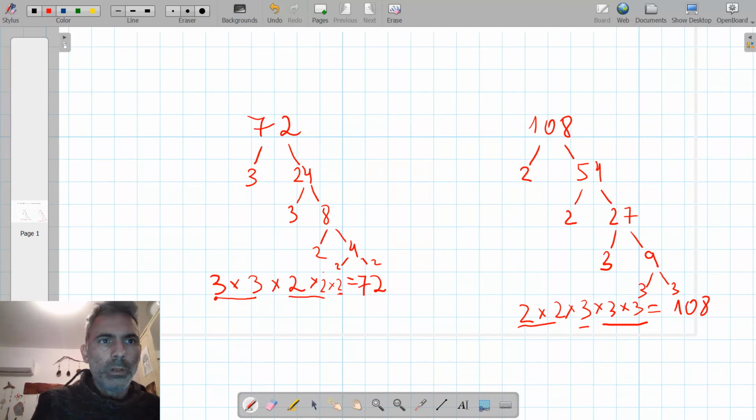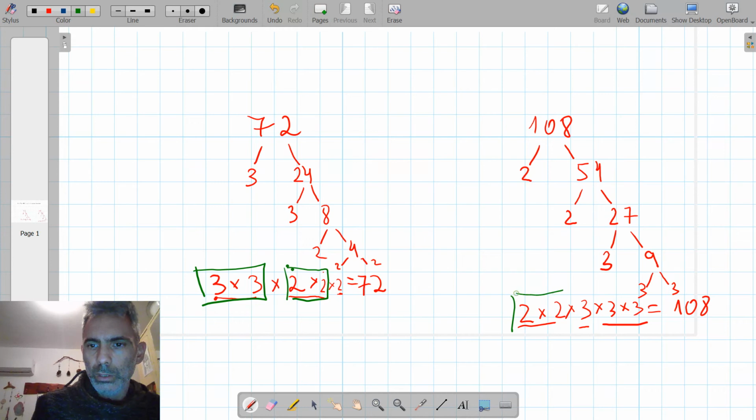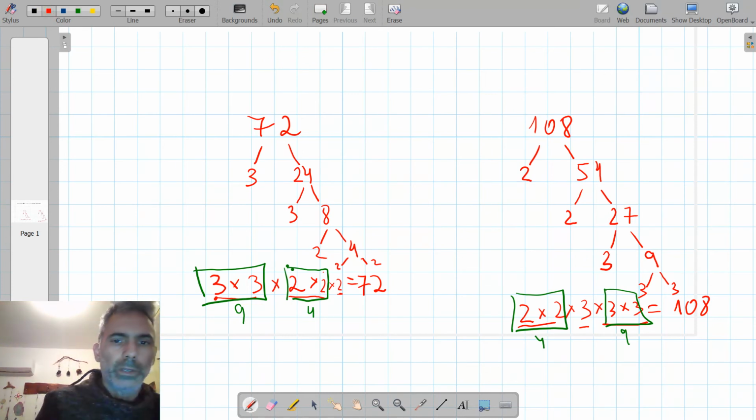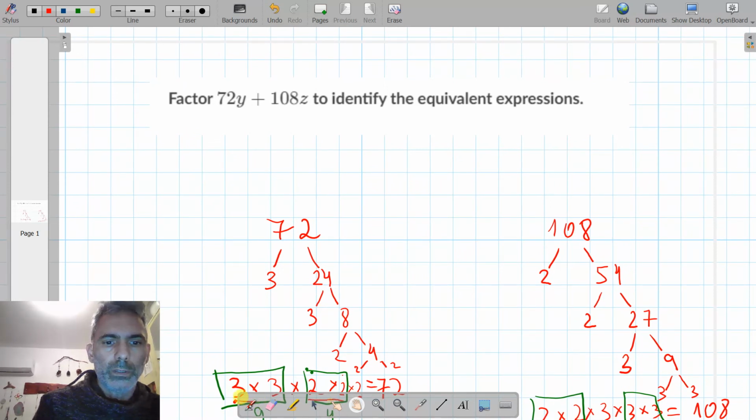So what we have in common is 3 times 3 and 2 times 2, and here as well we have 2 times 2 and 3 times 3. So 9 times 4 is 36. So we have in common 36 as the largest common factor.